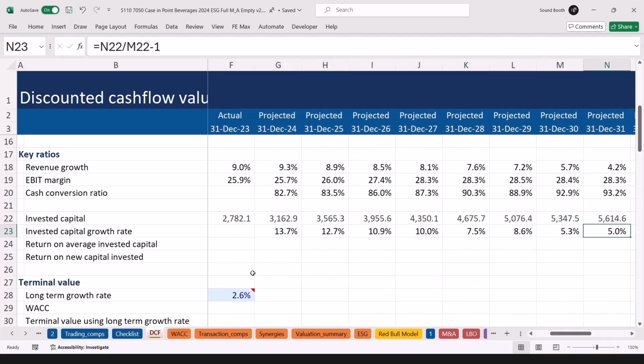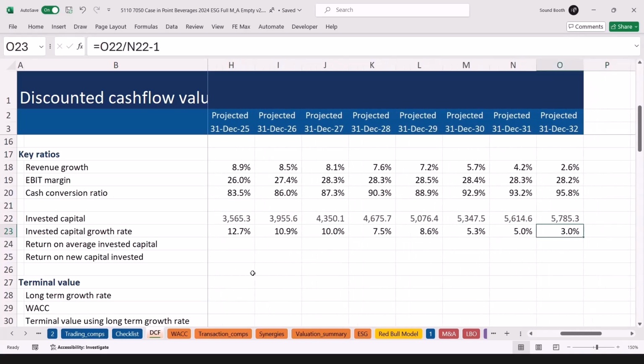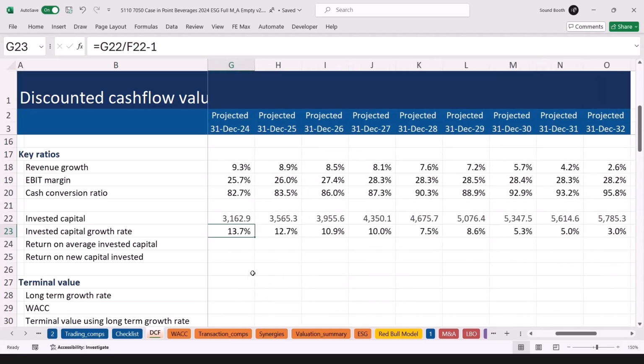What's going on here is that as the returns fall, investors start to say this is less attractive as an industry and therefore will allocate less capital. So supply doesn't expand as fast, and that reduces the overall industry growth rate. You can see by the end of the forecast period, our invested capital is only growing by 3%.